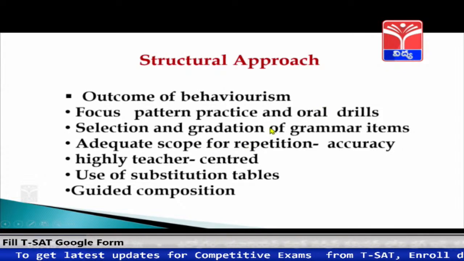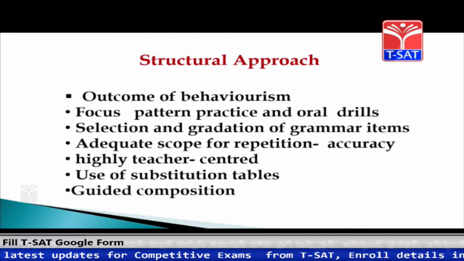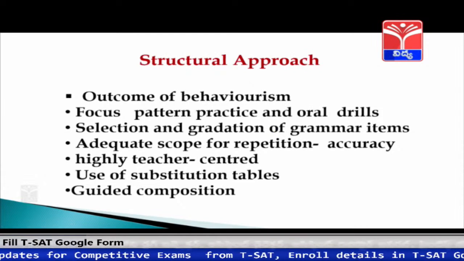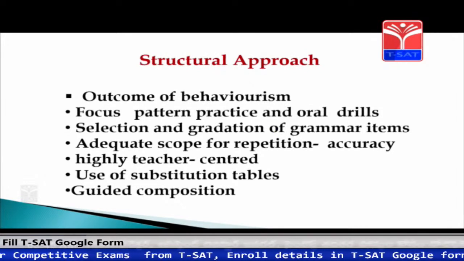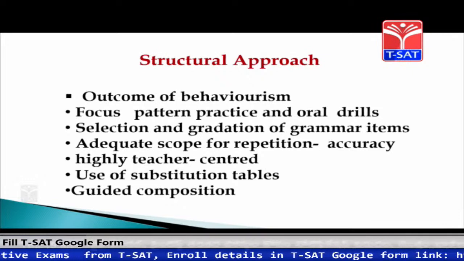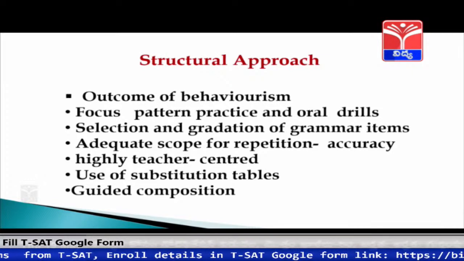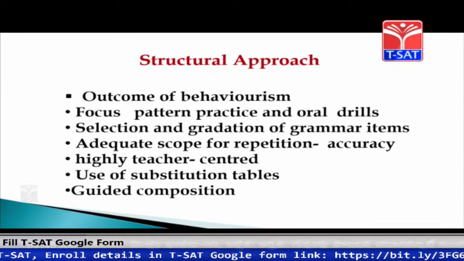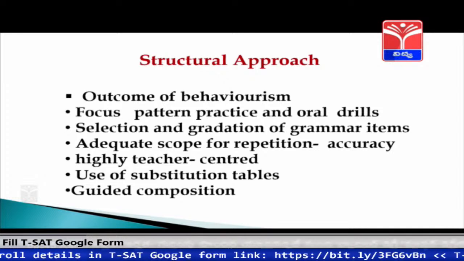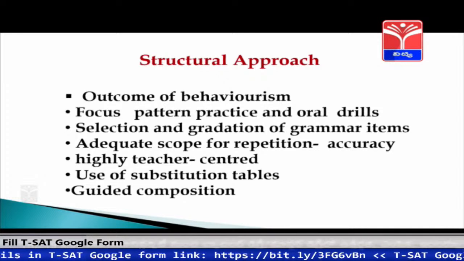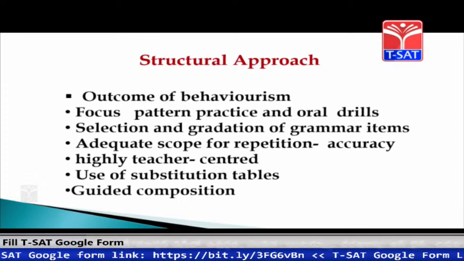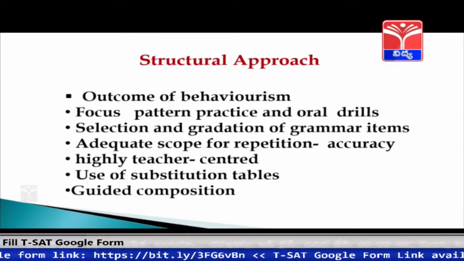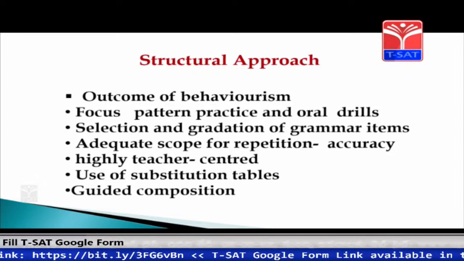And we have observed this in our textbooks which have been in use for many years. So if you see the textbooks from class 1 to class 10, the basic structures are introduced at the early level and the complex structures are introduced at later level. And the learners are expected to produce similar sentences using the same structures.